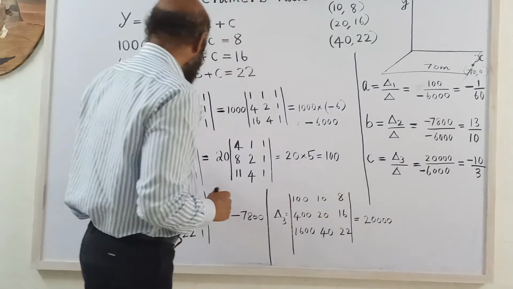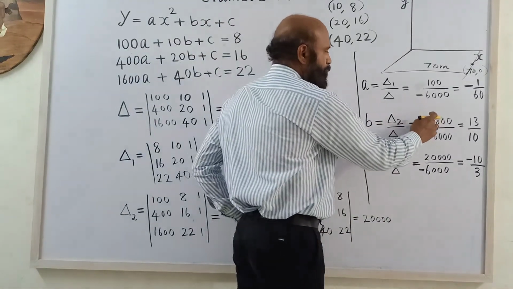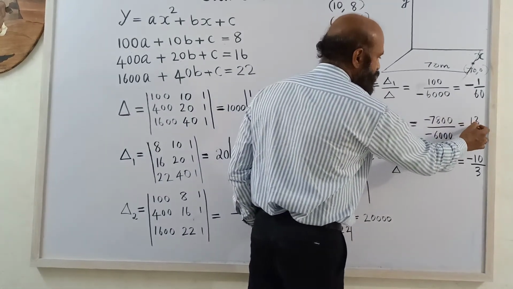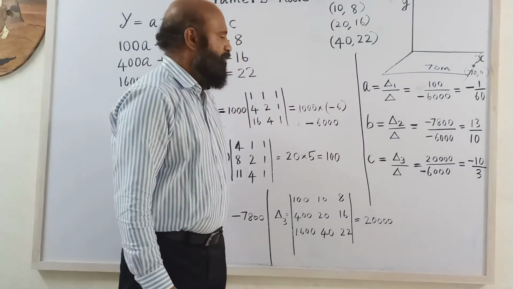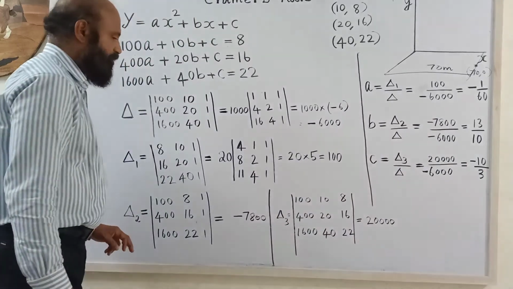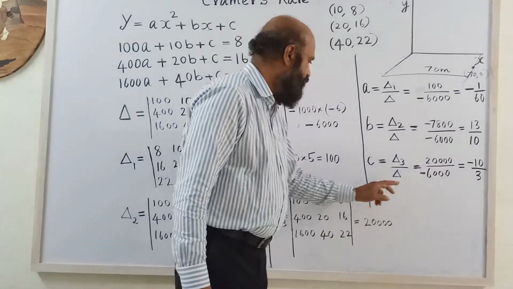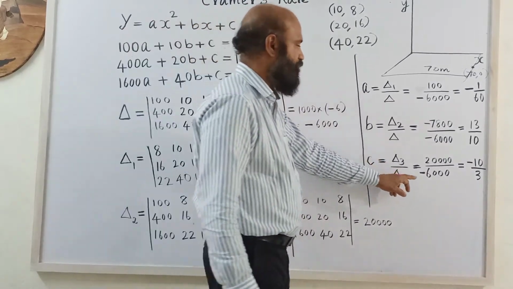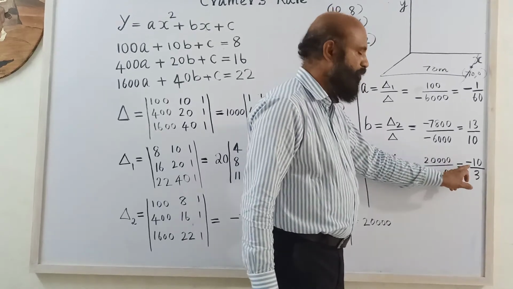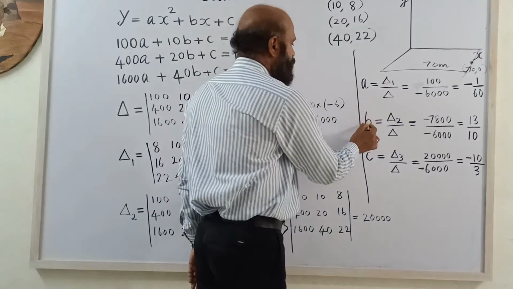Delta is minus 6000. This minus will get cancelled, and after simplification you will get 13 by 10. c is delta 3 by delta. Delta 3 is 20,000. Delta is minus 6000. After cancellation and simplification, you will get minus 10 by 3. So now you are getting a, b, c.